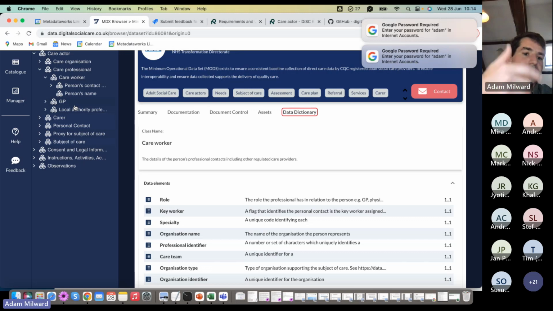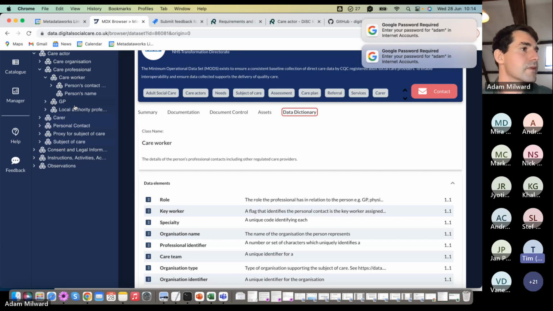They could be a personal contact but have a role of care worker in a specific context, in which case you would have the record for the person, and some information you would capture as part of the care worker record associated with them. But you'd also have some information provided as those personal contacts. Is that okay? Yeah, that's fine.